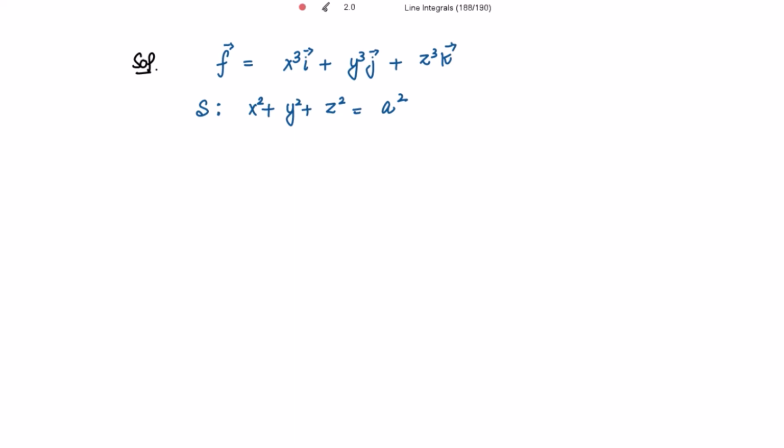So we need to apply Gauss's divergence theorem to evaluate the surface integral of dot product of f vector with ds vector. Now what is ds vector? It is the vector area of the surface.